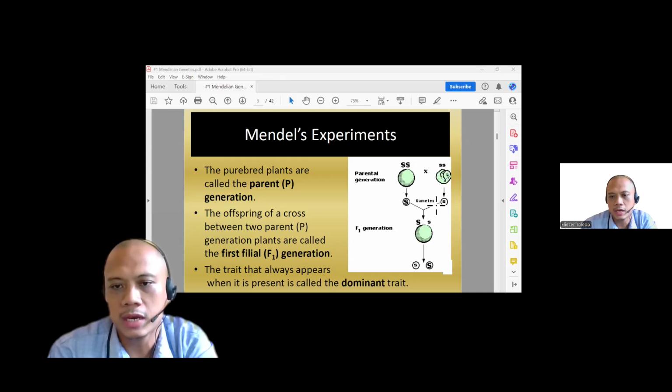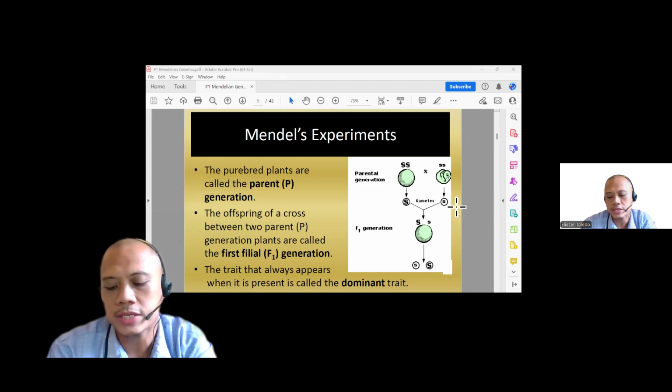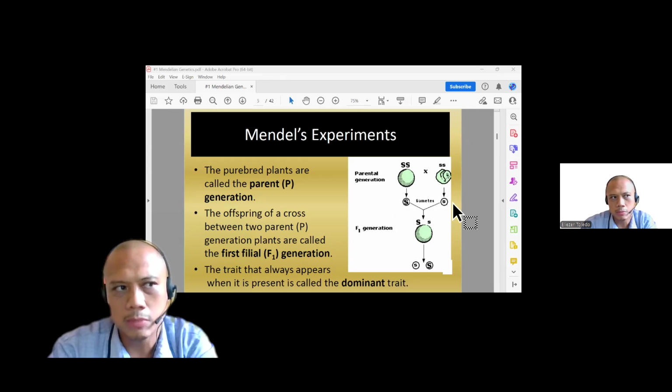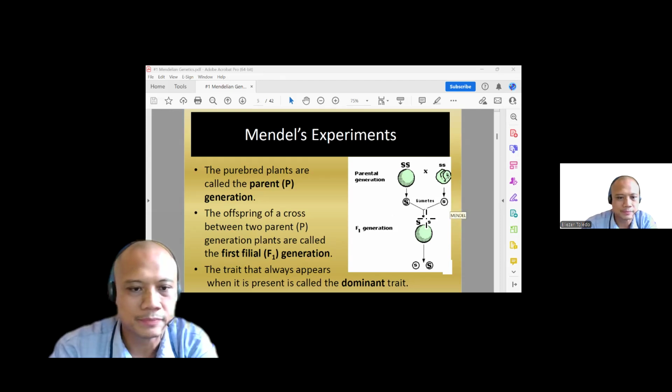For gametes, if you have two genes, the two traits are divided, so there's going to be another S here and s here. We will be discussing this when we go through the hybrid process. In particular, we'll just focus on monohybrid, and I think we can try to go with dihybrid cross, which is going to be also interesting.